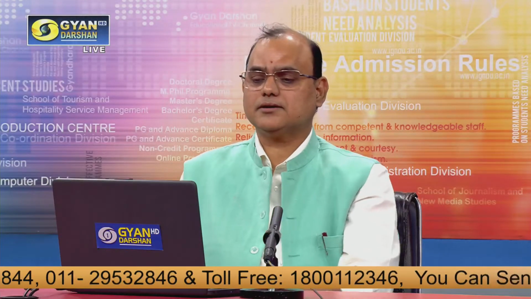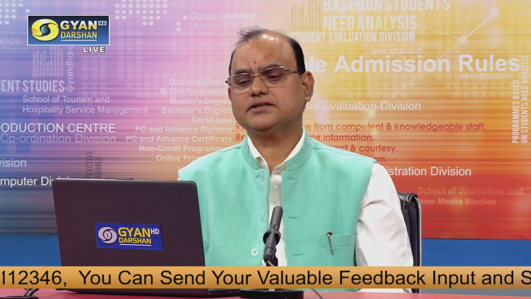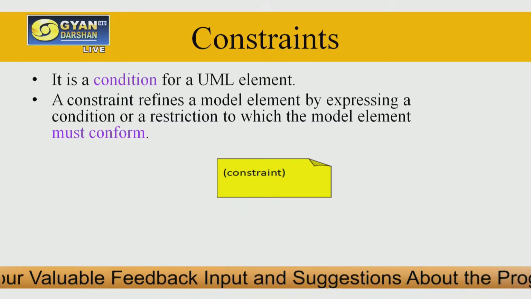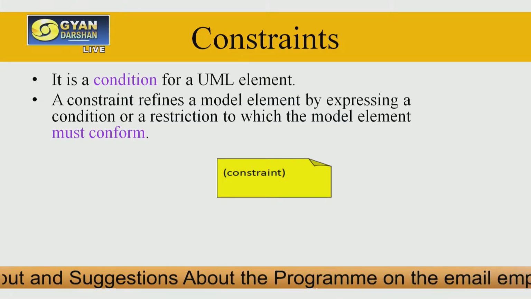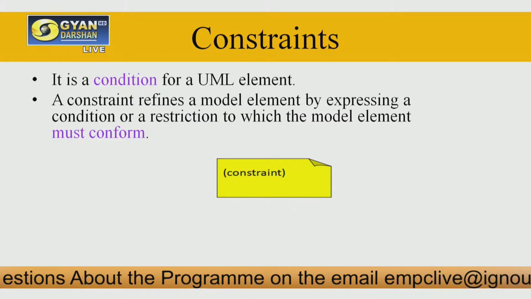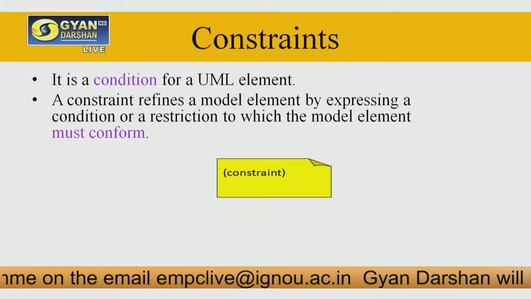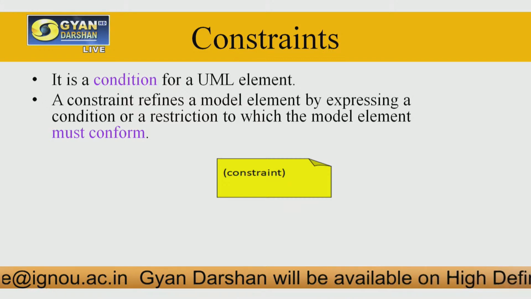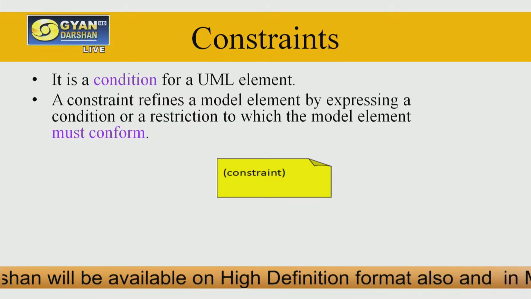Now next comes the constraints. So constraints basically provide us the facility to have certain conditions in the design or in the representation of the model. So a constraint refines a model element by expressing a condition or a restriction.